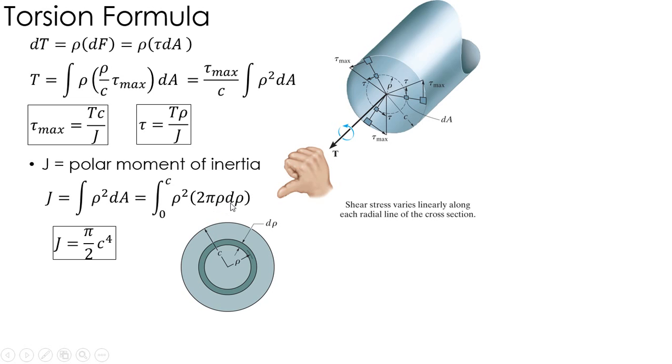Well, that's rho to the 4th over 4, so 2 over 4 gives me the 1/2, and then rho goes from 0 to c, so that's where the c to the 4th comes from. So the polar moment of inertia for a solid shaft is pi over 2 c to the 4th. For a tube, I would just take the outer minus the inner, as shown there.